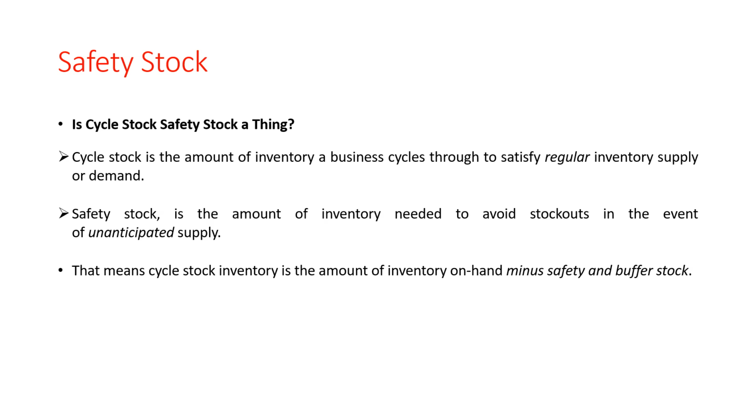So that means the cycle stock inventory is the amount of inventory on hand minus safety and buffer stock. Okay, minus safety and buffer stock means what? Our cycle stock. So there is one difference between the cycle stock and safety stock.